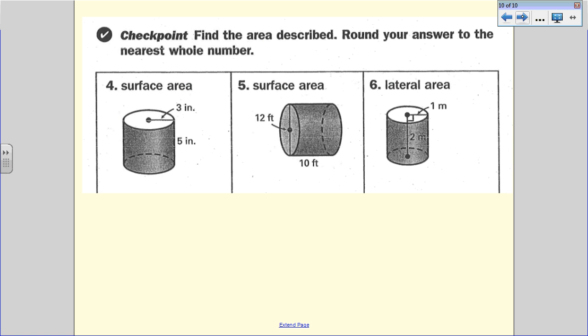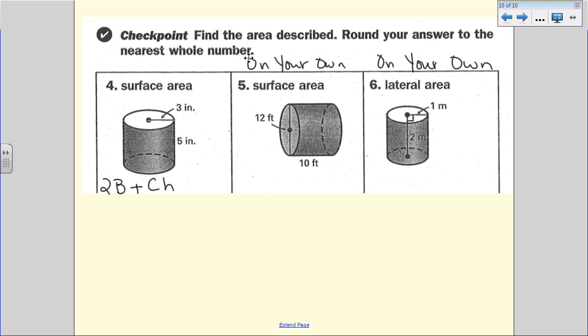All right, you guys have a couple of checkpoints. We'll do a surface area together, and then you guys are going to do 5 and 6 on your own. So I need to remember I have to find the area of 2 bases, plus I have to do the circumference to get the length of that rectangle times the height.